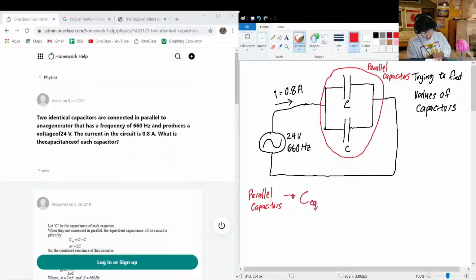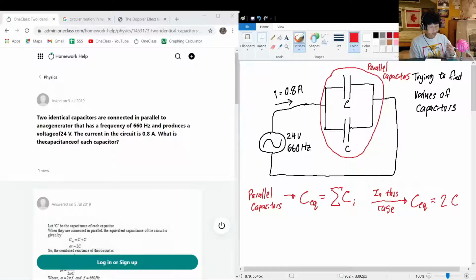The equivalent capacitance is simply all the component capacitances Ci added together like this. So in this case, CEQ, if we were to compress these two capacitors into a single capacitor, we would just get 2C. Nice and easy.